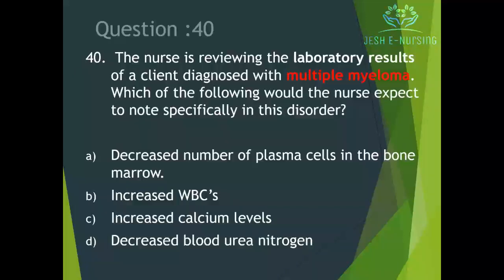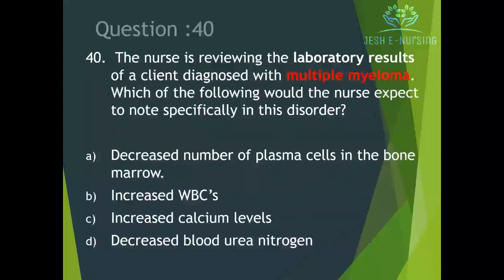Question number 40. The nurse is receiving the laboratory results of a client diagnosed with multiple myeloma. Which of the following would the nurse expect to note specifically in this disorder? Here the answer is 3. Increased calcium levels.